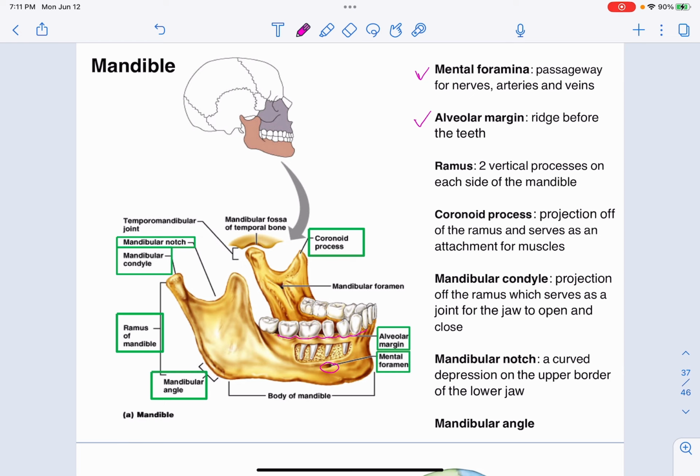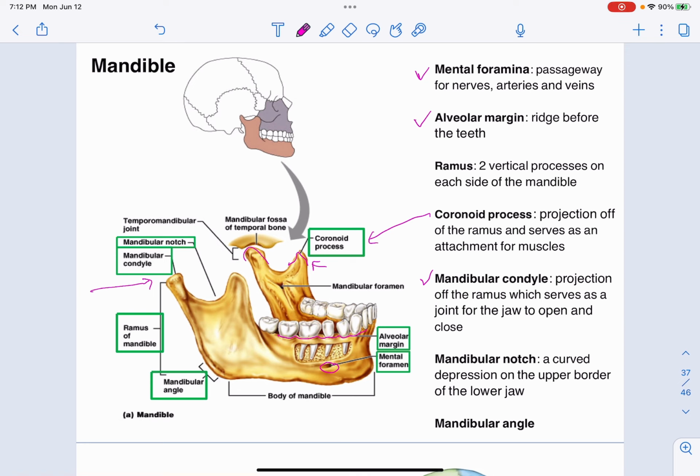All right, so let's start at the coronoid process that's here. There are these 2 processes that stick out of the bone on each side. The most anterior one is the coronoid process. This is a projection right here. And then on the other side, more posterior, is the mandibular condyle.